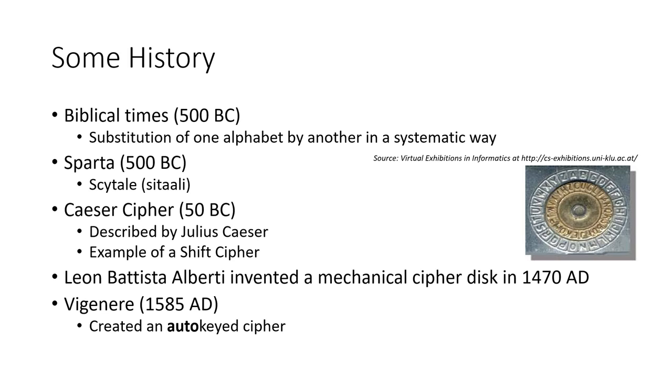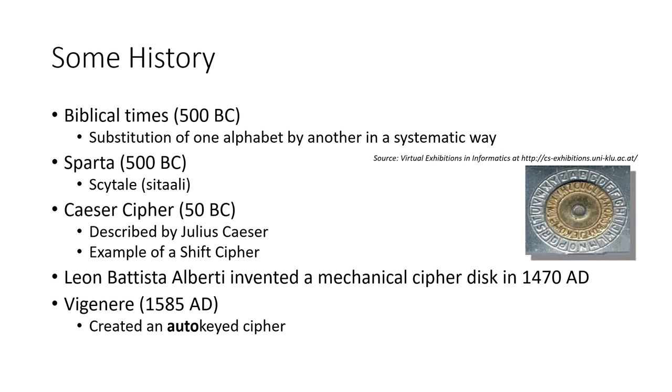In Sparta, where we had the Greek city-states, they used a device called a scytale. A scytale is like a block of wood or a cylinder of wood, and you would tape a ribbon around it or something like that, and you would write on the ribbon. When you unravel the ribbon, the letters would all be scrambled, and so it would be difficult for somebody to make out what the message was unless you wound it up again on the same cylindrical block. And so this was a technique that the Spartans used to securely communicate.